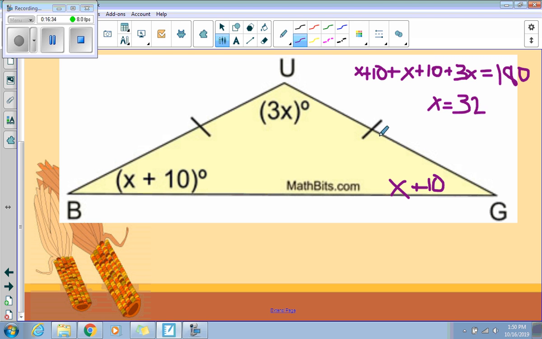And now that we have the value of x, which was step 1, we need to plug it back in to get the values of our angles. So 32 plus 10 gives us 42.